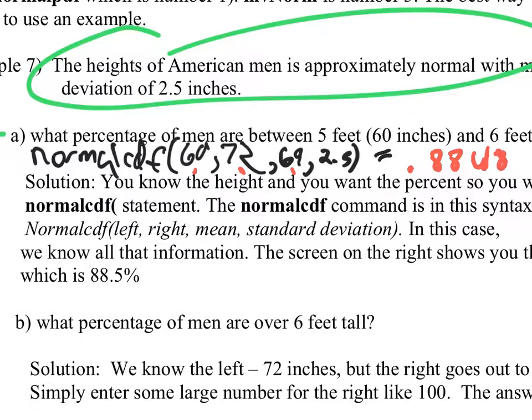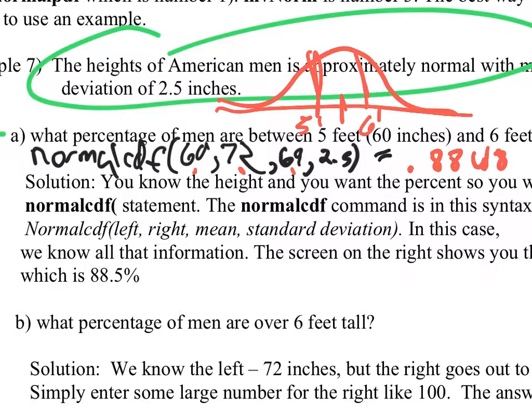Not bad, is it? I didn't even draw the picture, but on the AP test, you still would want to draw the picture, guys, and say 5 feet is here and 6 feet's over here, and you would label that. But we do know the area here is more than 88%.